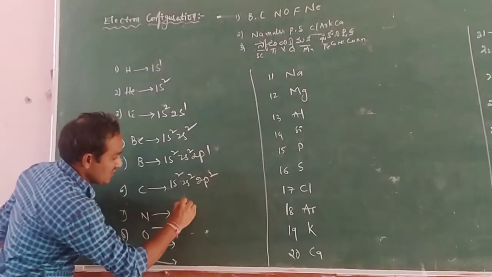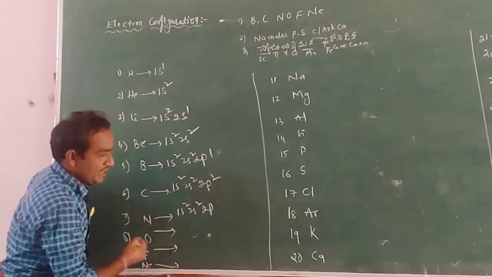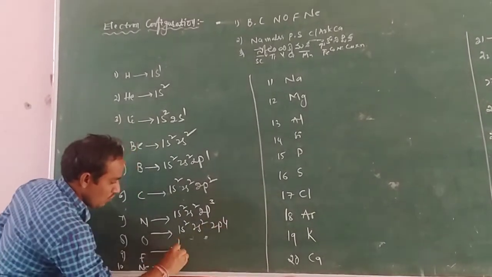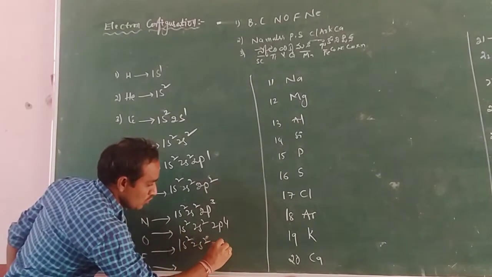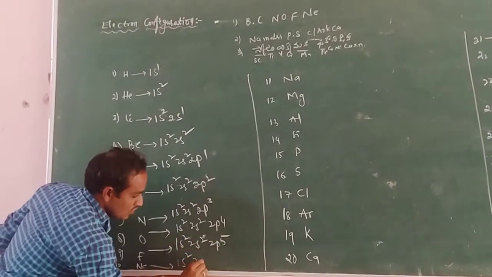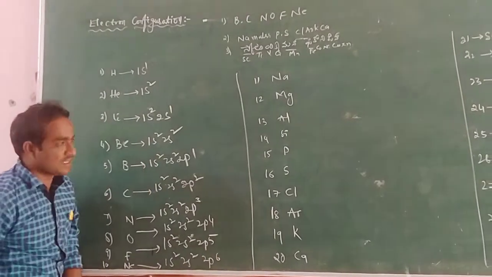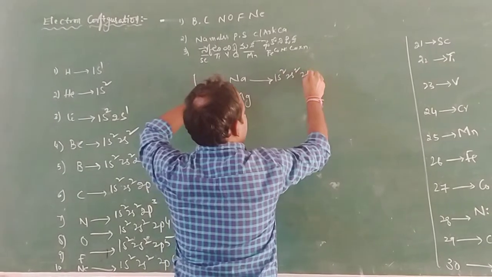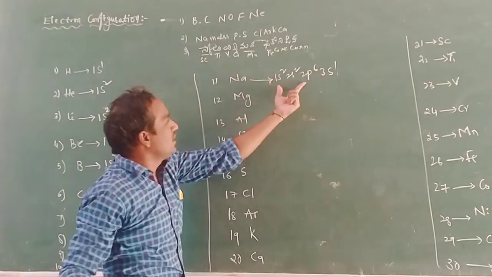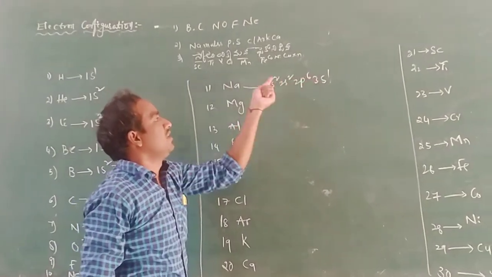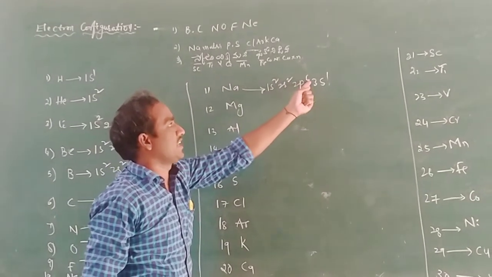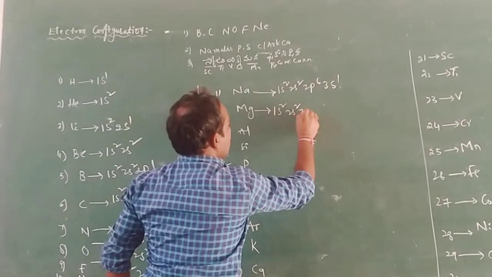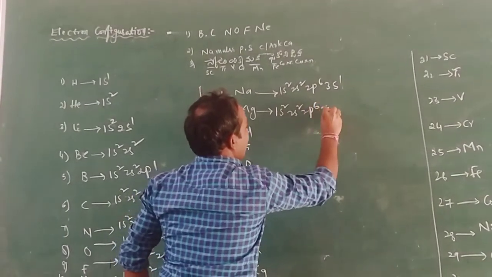Then 1s2, 2s2, 2p3; 1s2, 2s2, 2p4; 1s2, 2s2, 2p5; 1s2, 2s2, 2p6. Then 1s2, 2s2, 2p6, 3s1. The sum of the powers is 2 plus 2, 4, plus 6, 10, plus 1, 11. Another is 1s2, 2s2, 2p6, 3s2.